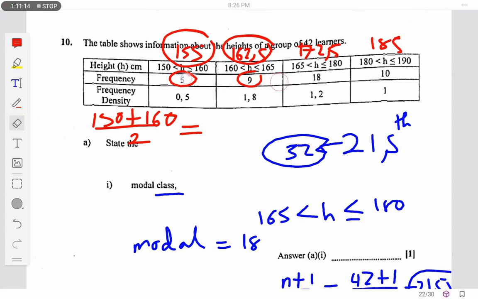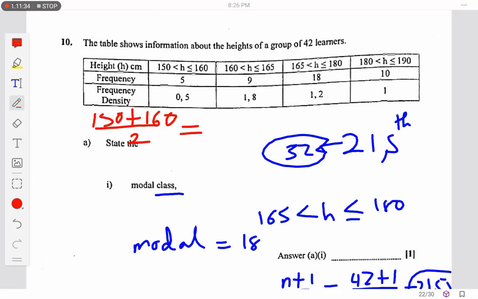Okay, more than. Let's see from our question. Let me just check my question here. Okay, more than 160.